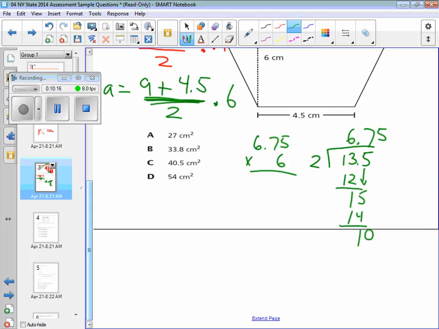And multiply carefully because we've done this. All right, ready? I'm going to call on somebody. I know you're still working. Leah, what'd you get? 8. Which is? 40.5.